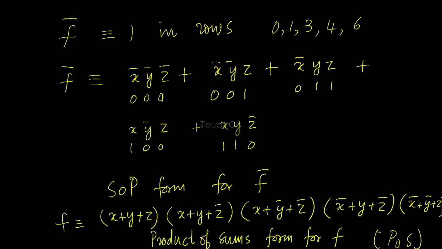But is this the only complete set of connectives? By no means. That is because, again from De Morgan's law, we know that the complement of x or y is the complement of x and the complement of y.